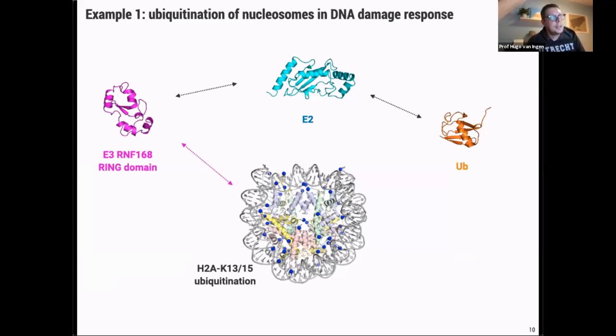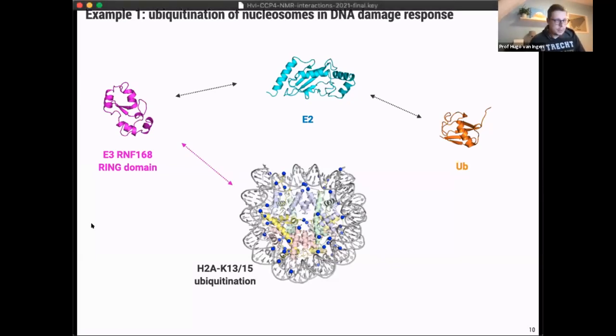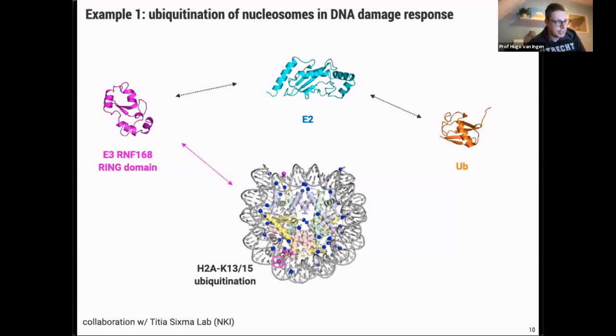So where these four components, an E3 ubiquitin ligase, an E2 ubiquitin conjugating enzyme, ubiquitin, and the substrate have to come together. And these three proteins together cause the specific ubiquitination of lysine 15 in H2A in the DNA damage response.